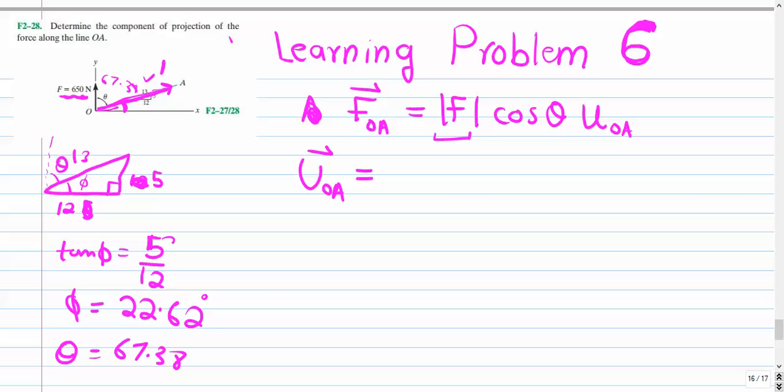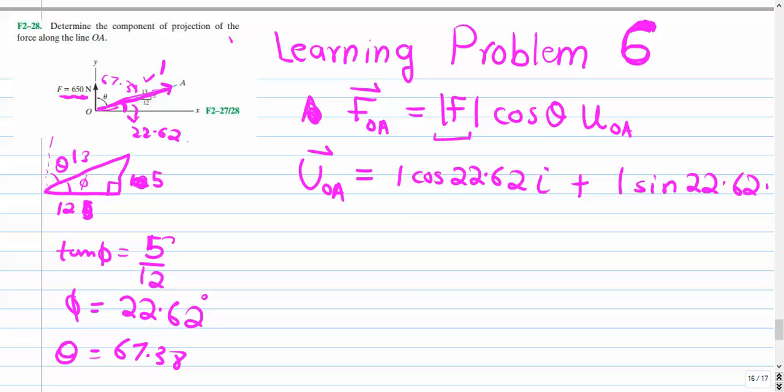And we know that this angle right here is 22.62. So we can use this angle to find the components for this unit vector along the x and the y axis. So the x component for this unit vector is going to be 1 cos of 22.62 i, while the y component for this unit vector is going to be 1 sine of 22.62 j.